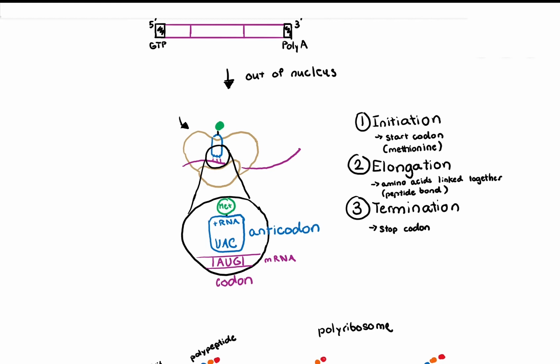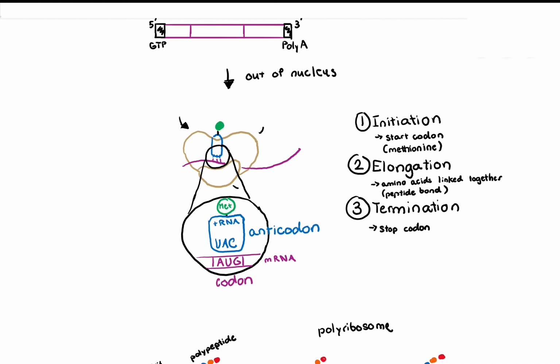Just as a recap, you have a large subunit and a small subunit, and these two subunits make up the ribosome. Now we also have three different steps in our overall look at translation: initiation, elongation, and termination.